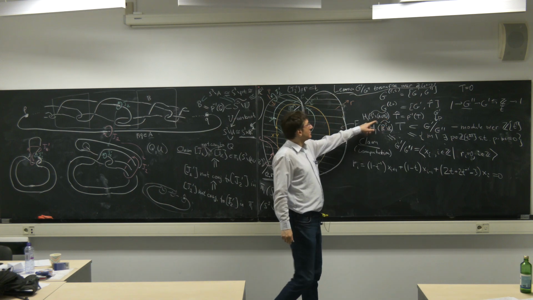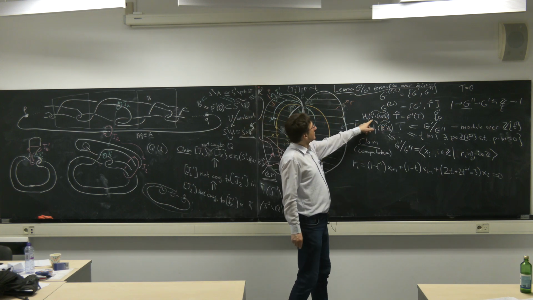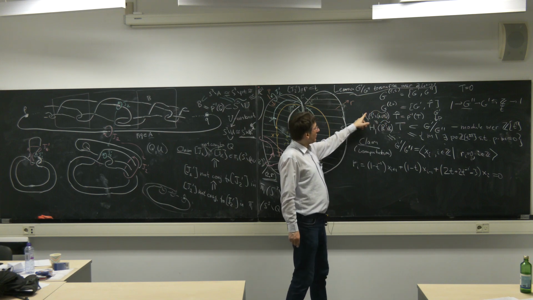So A union B is our wild knot, and this is just its infinite cyclic cover.